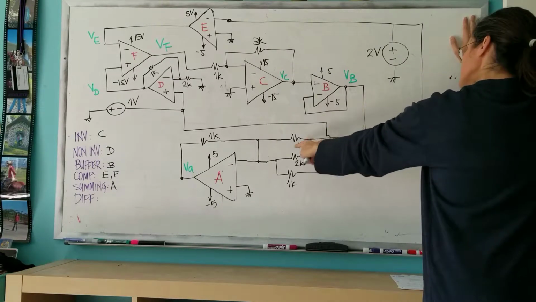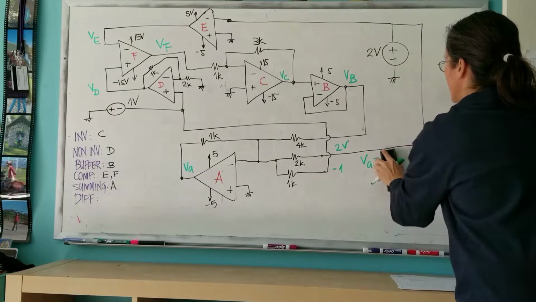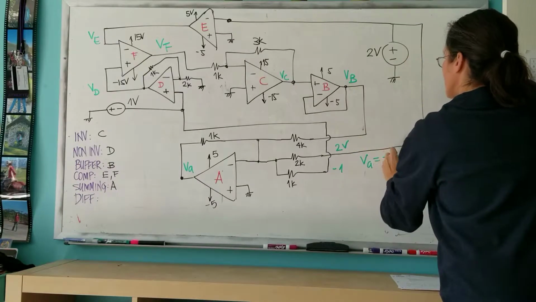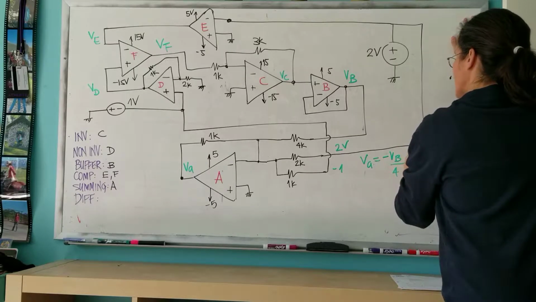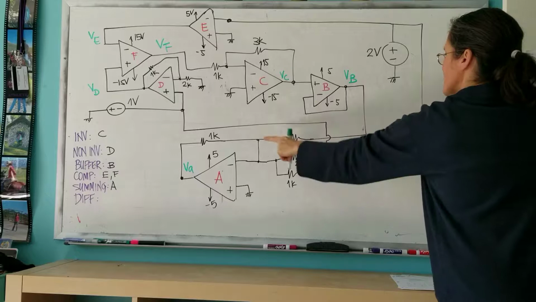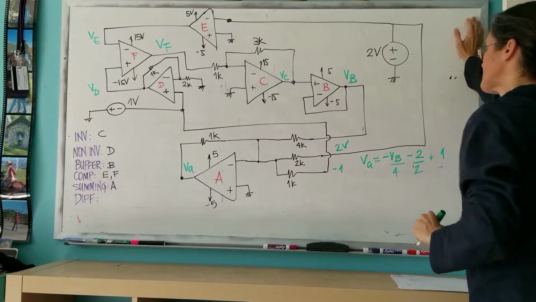VA will be minus VB divided by 4, minus 2 divided by 2, and plus 1.